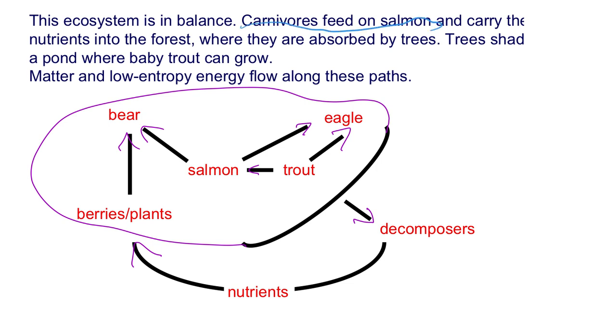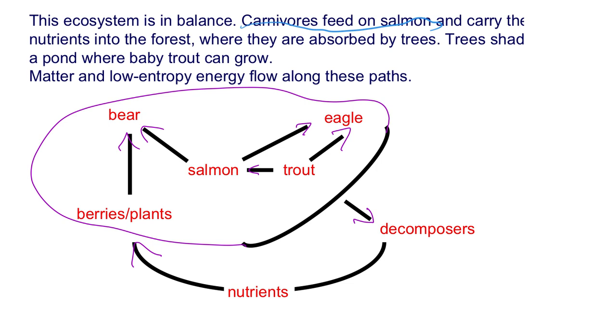Carnivores feed on salmon, like bears, and when they poop in the forest, they give the nutrients from the salmon into the soil, and the berries and plants depend on it. The trees depend on it.